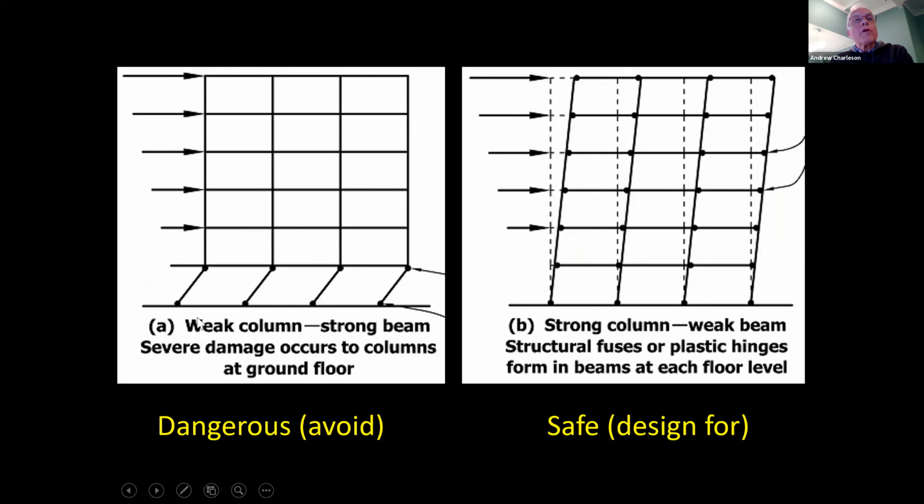In a soft story building, we usually have weak columns and strong beams. And so the damage occurs at this level where the columns lean over and get damaged. When we're using moment frames, we want to use a safe design. I'm sorry, I haven't got my mouse going.